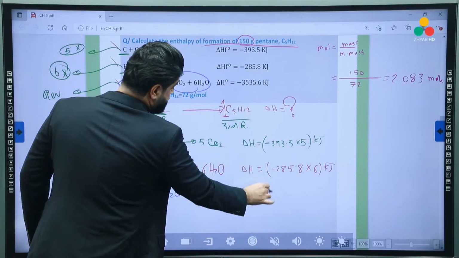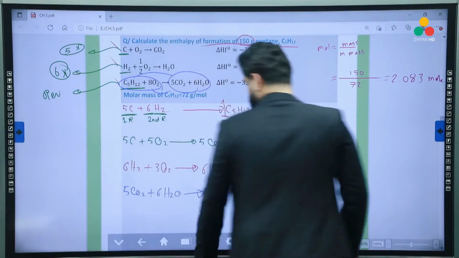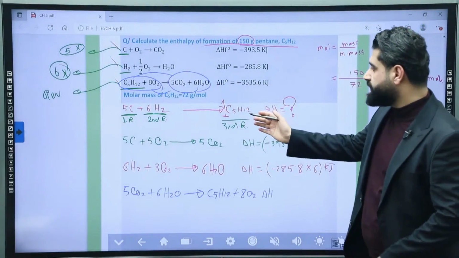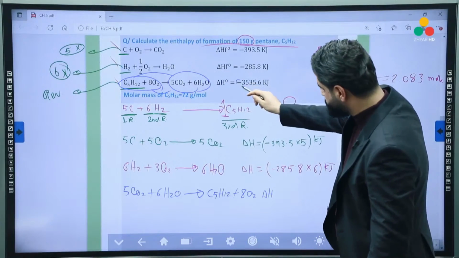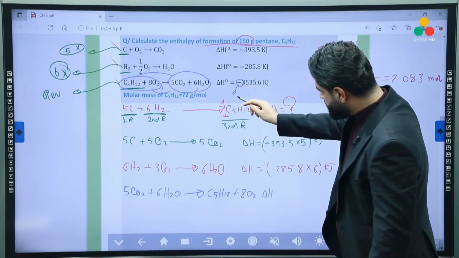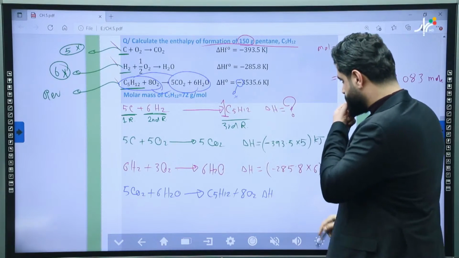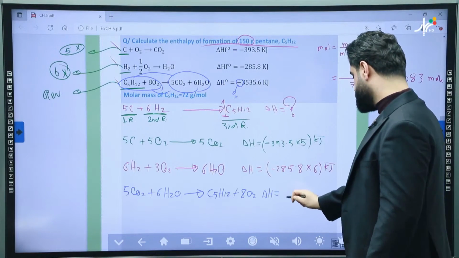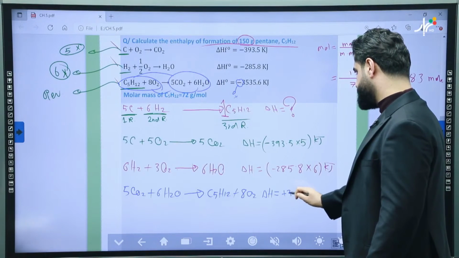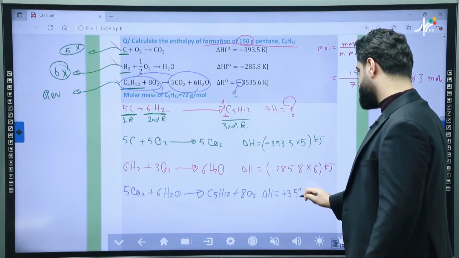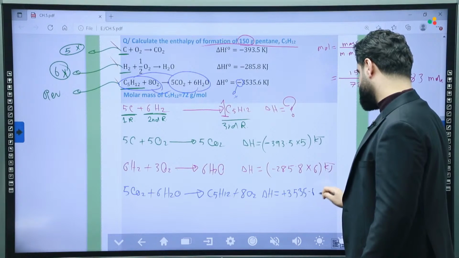But about enthalpy, because we have reversed the equation, it must be changed from positive to negative and from negative to positive. So delta H will be positive 305.6 kilojoules.